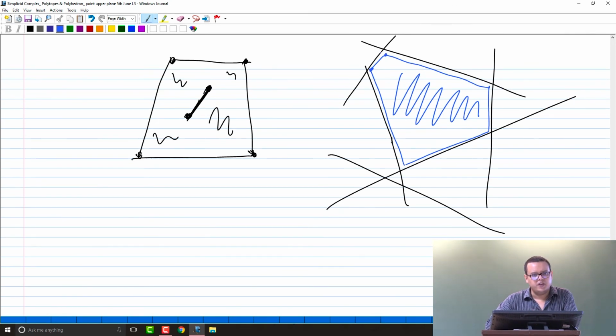You can generate a face by taking some collection of hyperplanes that are supporting the half spaces and intersecting these hyperplanes with the polyhedron. That does not mean if I take any two hyperplanes that support some half spaces used for defining this polyhedron, and intersect them with P, I will get a face.